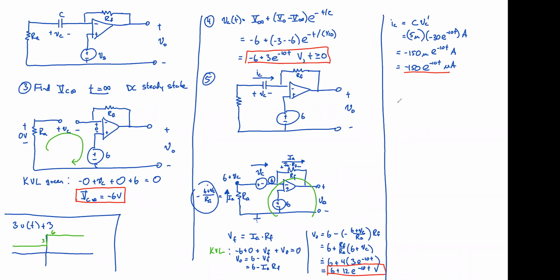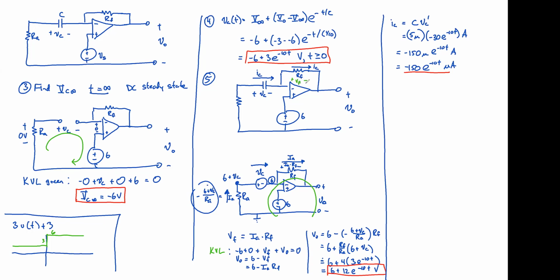Now that we found that, we could look at this circuit again and say, we know what IC is. All of that current has to go through RF. It can't go anywhere else. And so if we want to use Ohm's law to define a voltage across RF, it has to come in more positive, exit more negative.